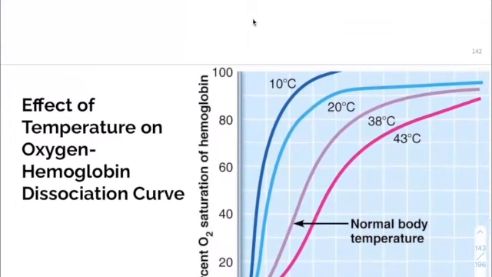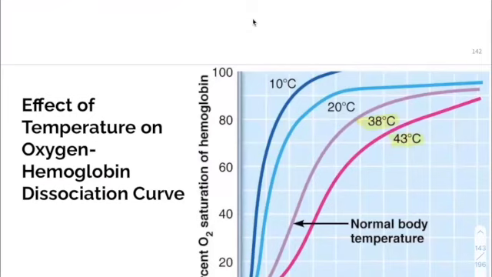Normal body temperature in Celsius is 38 degrees Celsius, if you did not know. So this shows what happens to the hemoglobin in your body depending on the temperature.